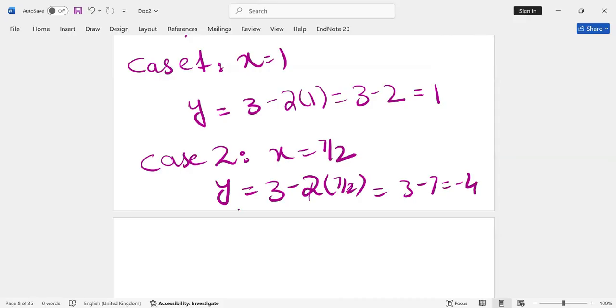How do we write it? We have x equals 1 and y equals 1. We have x equals 7 by 2 and y equals minus 4. This is the required solution for this question.